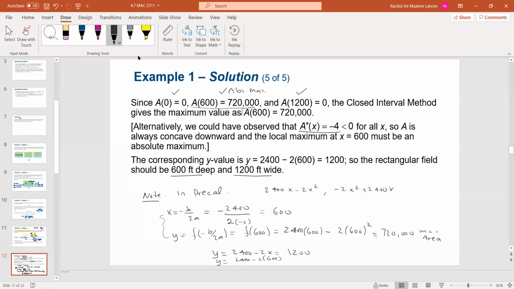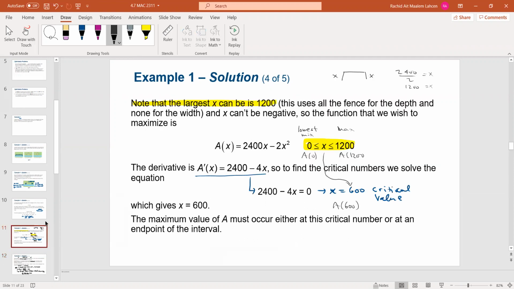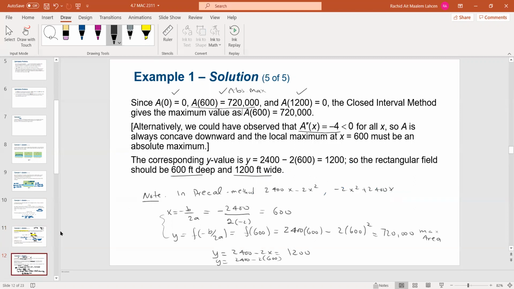So now you can see the pre-calc method is this, but the calculus method is we set up the same way. By figuring out this interval, and when we do A of 0 and A of 1200, we find out this part here, the 0 and 0.